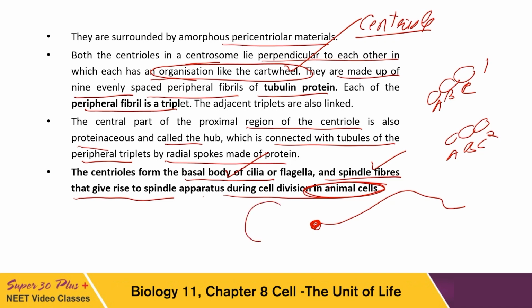You must be remembering that this is the centriole. The centriole will divide at the time of division and reach the opposite poles. From here the spindle fibers will arise, which will draw the chromosomes towards their poles. Is it okay? This is part 5.